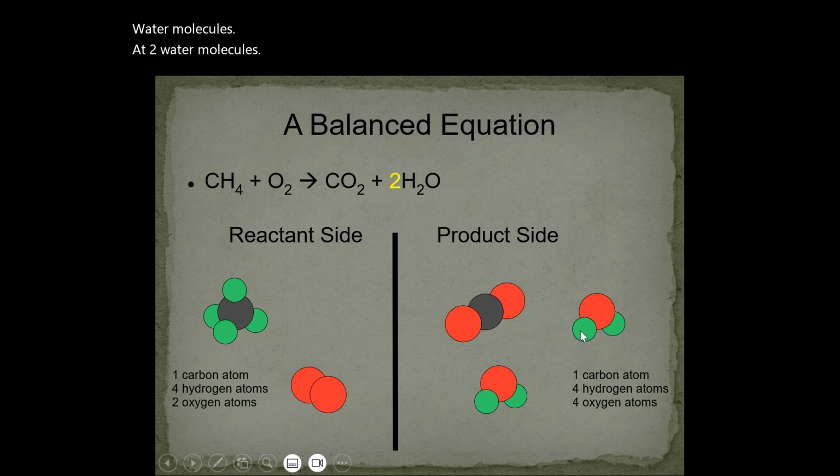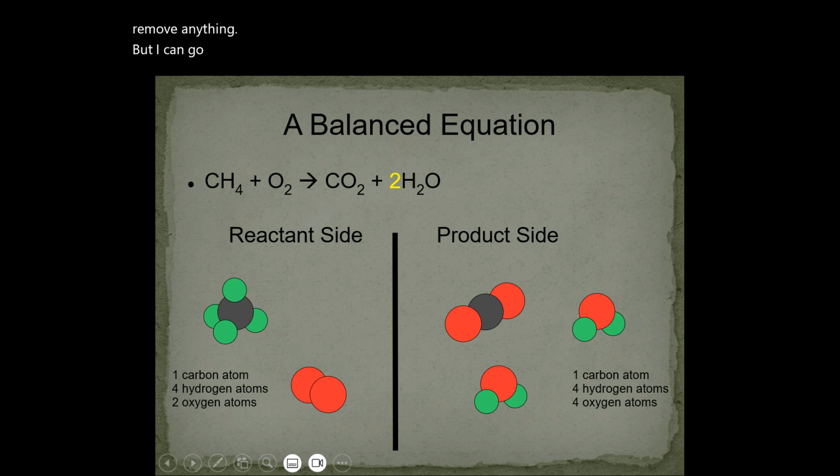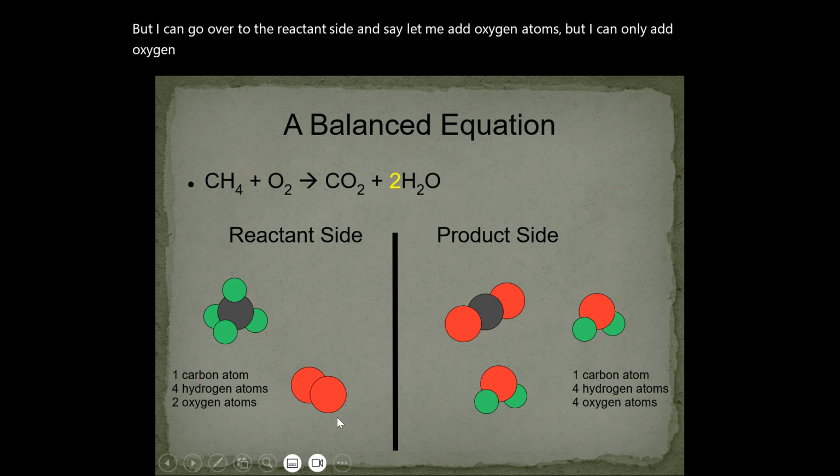That means now I have my four greens, just like I had on the reactant side. But now I have four reds, or four oxygens, so I have too many oxygen atoms on the product side. Now I can't remove anything, but I can go over to the reactant side and add oxygen atoms. But I can only add oxygen atoms as the oxygen molecule.